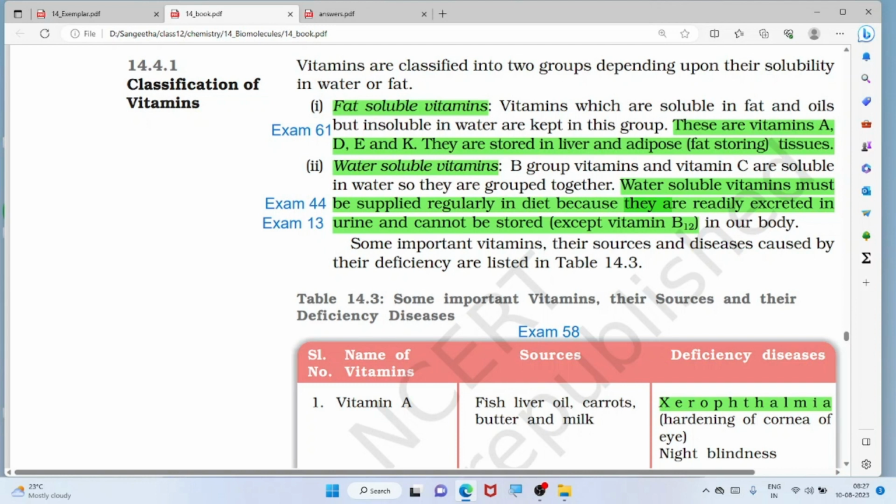Vitamin B can be stored, except B12 can be stored. So B12 can be stored in our body.